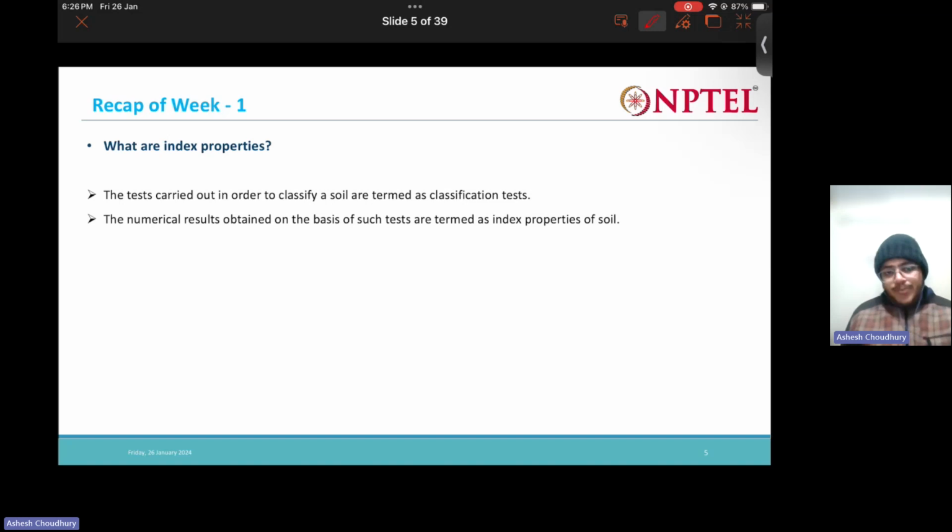To obtain index properties, we need to do some tests. The tests carried out in order to classify a soil are termed classification tests, and the numerical results obtained from such tests are termed index properties of soil.